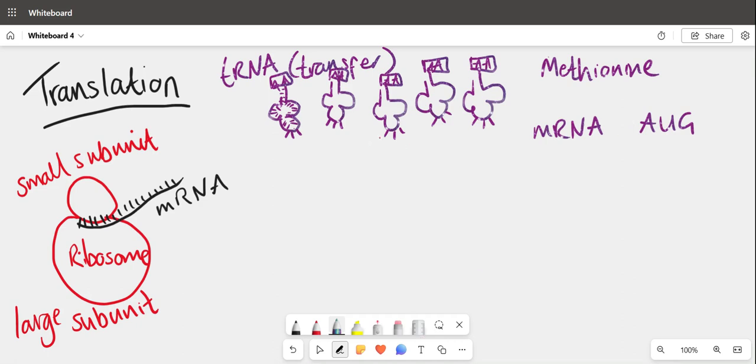Okay, so what we would need to get methionine is a tRNA that's got a complementary triplet. So complementary to A is usually T in DNA, but this is RNA, so it'll be U. U is the equivalent of T, so that's complementary would be A, and G's complementary pair is always C. So the first tRNA that we're going to need every single time is always going to be the one that's got UAC on the bottom.